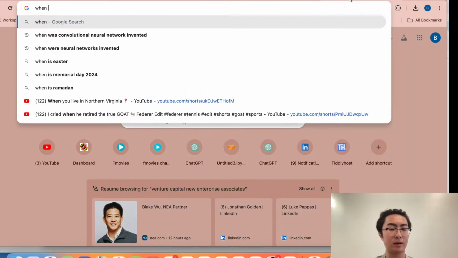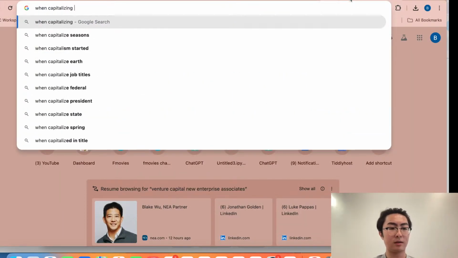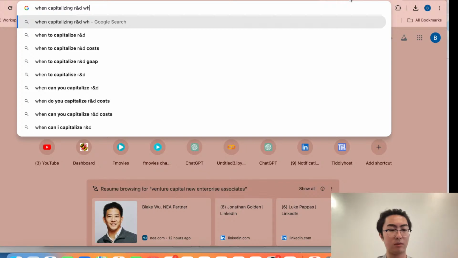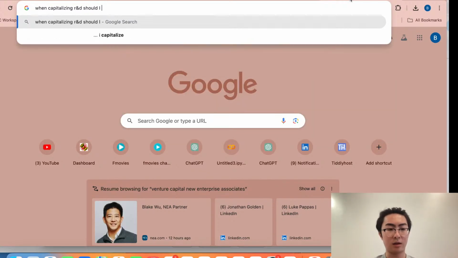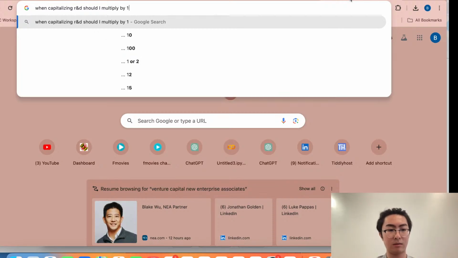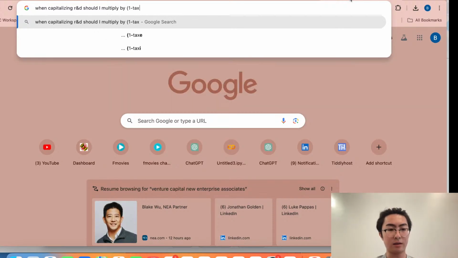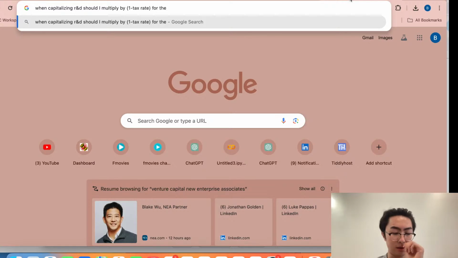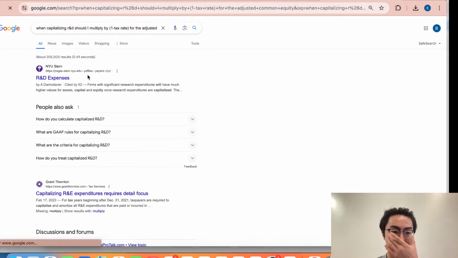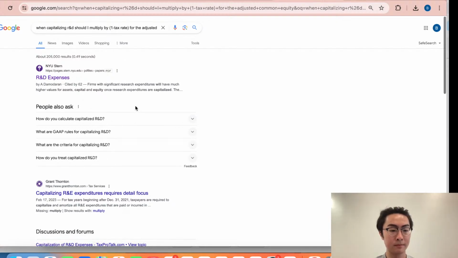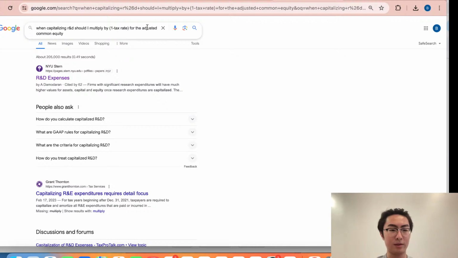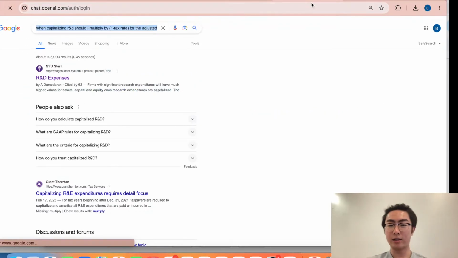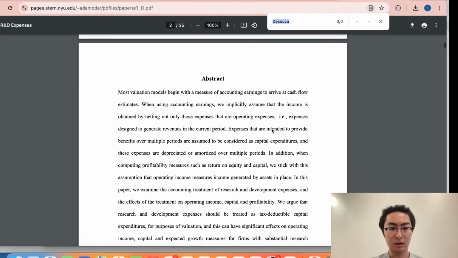So when capitalizing R&D, why should I multiply by 1 minus tax rates for the adjusted common equity? Yeah, I don't think this could be a ChatGPT problem too. Okay, tax.